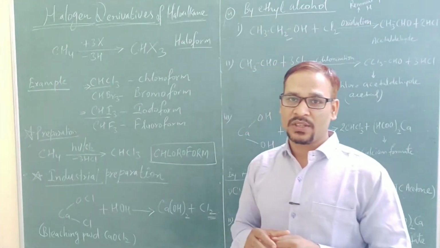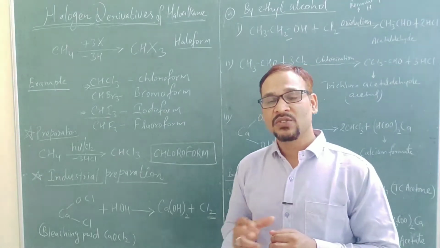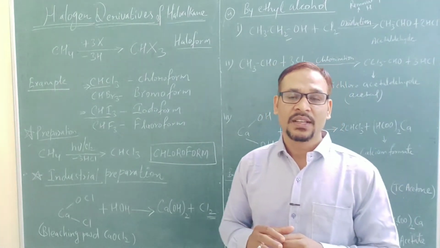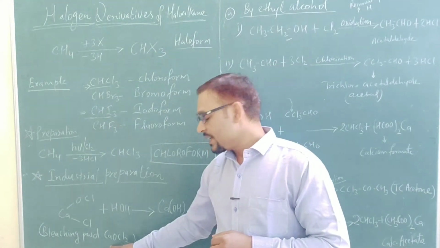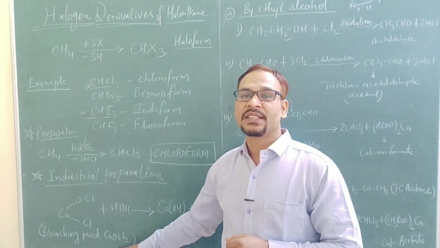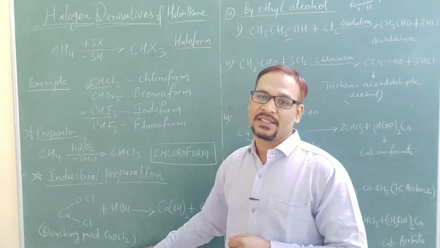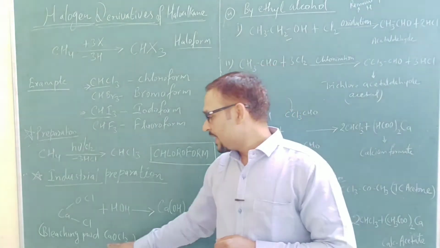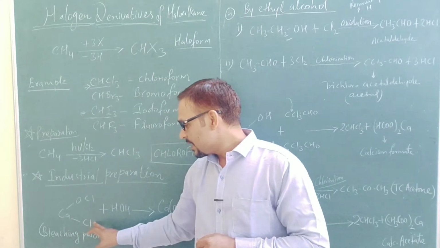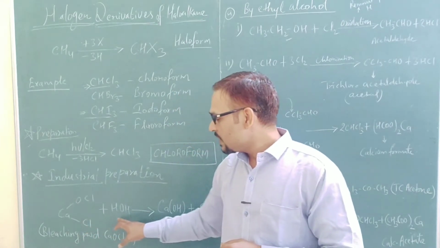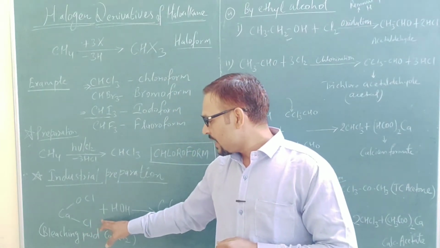By bleaching powder. You know, in class 10th you have studied about bleaching powder. The common formula of bleaching powder is CaOCl2, that is calcium oxychloride. If we write CaOCl2 like this, and when we add water into bleaching powder, what will happen?